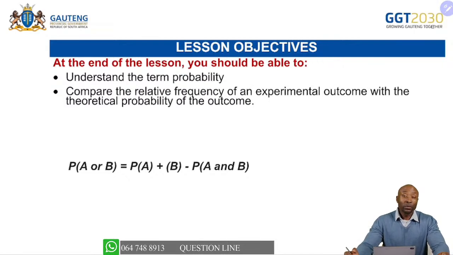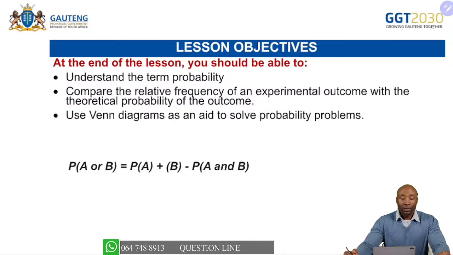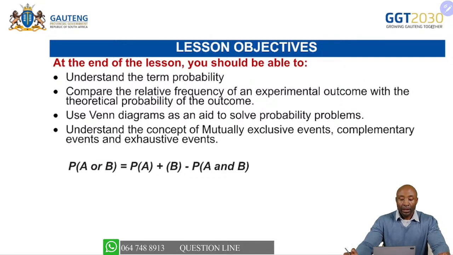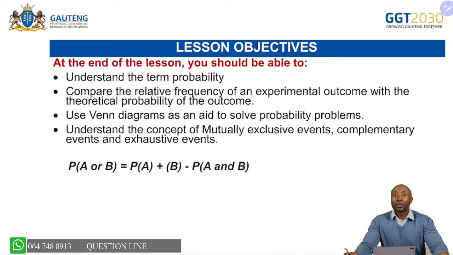You should be able to compare relative frequency of an experimental outcome with the theoretical probability of the outcome. We should be able to use Venn diagrams as an aid to solve probability problems. And we should understand the concept of mutually exclusive events, complementary events, as well as exhaustive events.